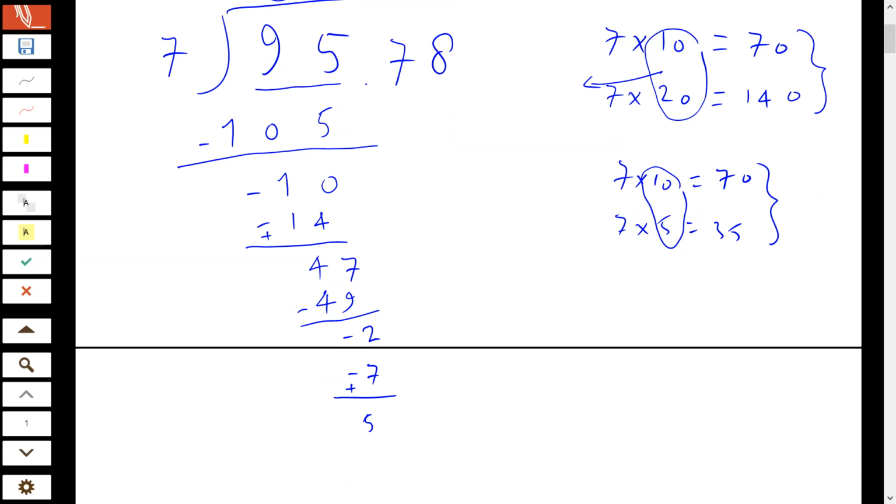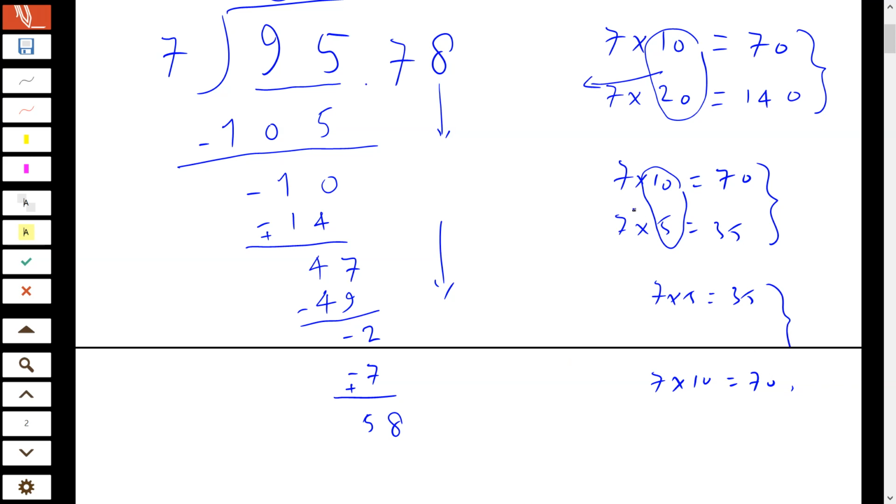So let's bring this 8 down, 58. And again, I search like that. I need to work with 58. So 7 times 5 is 35, and 7 times 10 is 70. 58 is between.